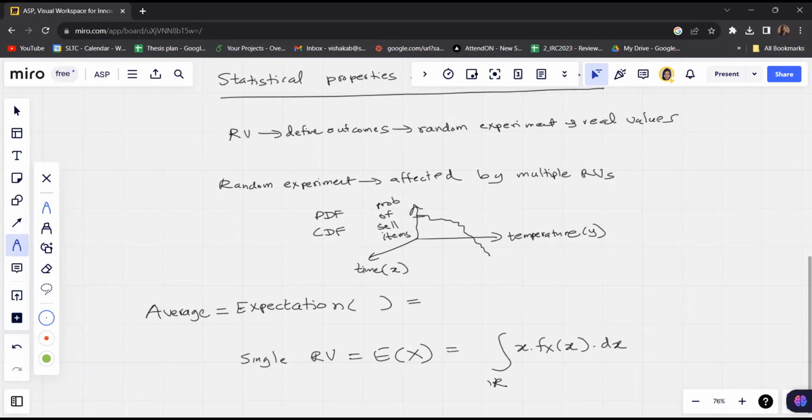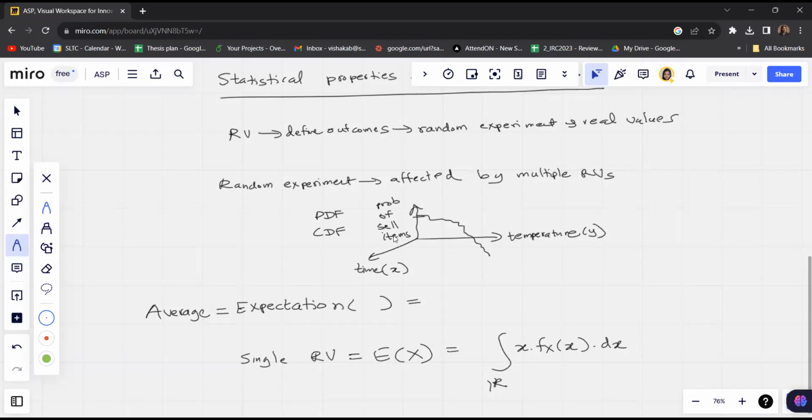So whatever the range of the x values we consider, we take the total probability of the values that occur during that x range, and then we take the integration, and by doing so, we can find the average value of the random variable.